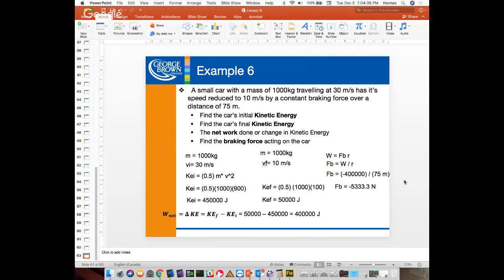That means I'm decelerating 20 meters per second over 75 meters. So now I can figure out my deceleration, which is acceleration, and I can find out the force that's involved. So minus 20 meters per second squared over 75 meters. That's the distance. And from there it'll actually be the same. This is just figuring it out a different way.